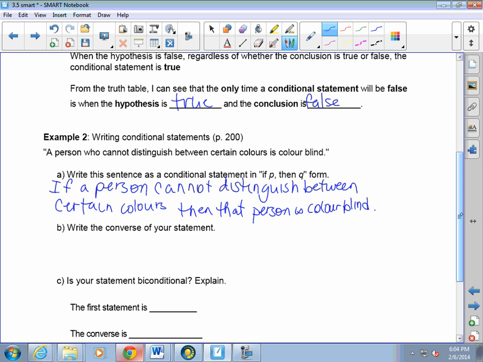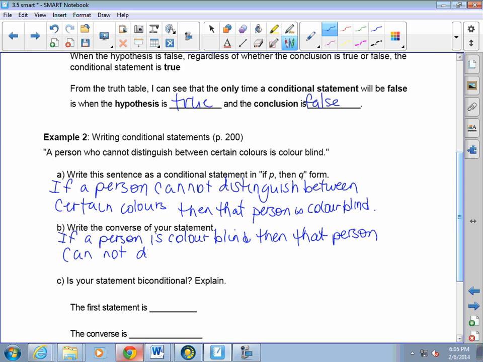Write the converse of your statement. So remember, the converse is where the hypothesis and the conclusion are switched. So that would be if a person is colorblind, then that person cannot distinguish between certain colors.